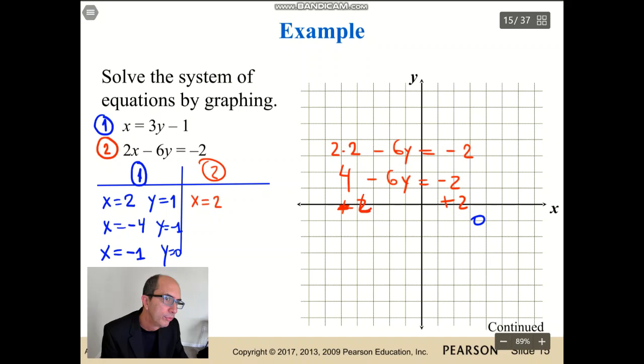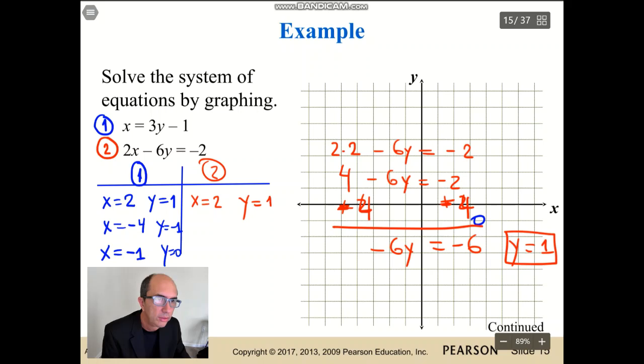Subtract 4 from both sides. Then you're going to have negative 6y equals negative 6. Y equals negative 6 over negative 6. Y equals 1. Interesting. Same point.